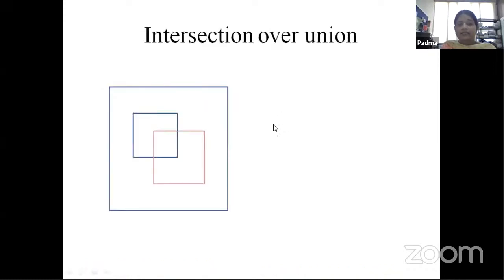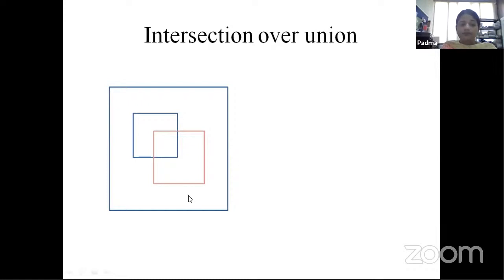So let us, at last, consider how we compute the intersection over union. Let's say this is the ground truth box. Here is the predicted box. Now when we compute intersection over union, it would generate some result. There will not be any value equal to 0.